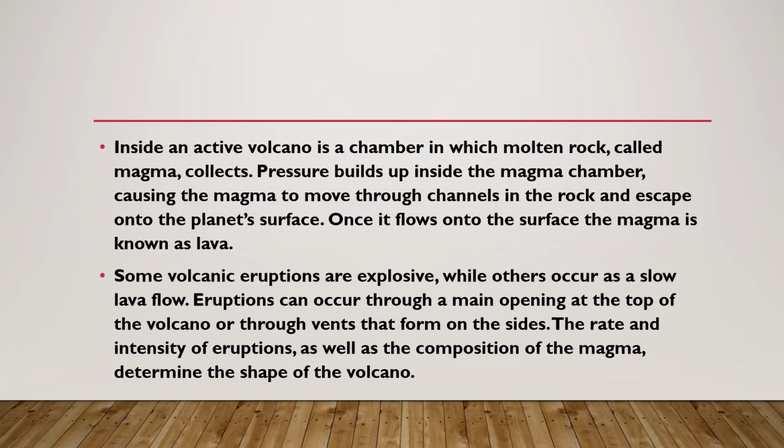Some volcanic eruptions are explosive, while others occur as a slow lava flow. Eruptions can occur through a main opening at the top of the volcano or through vents that form on the sides. The rate and intensity of eruptions, as well as the composition of the magma, determine the shape of the volcano.